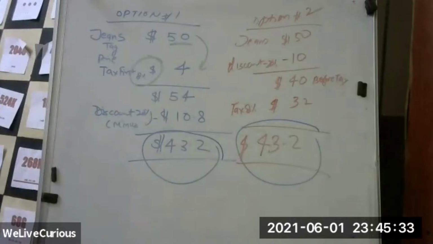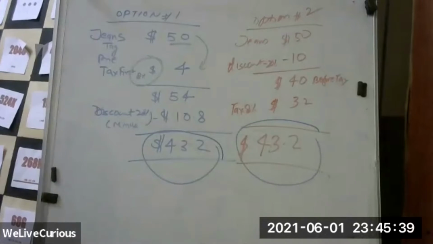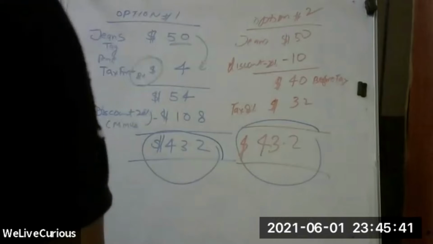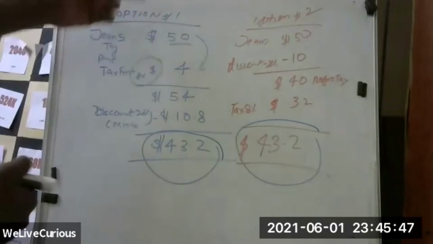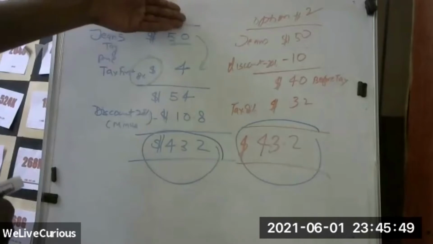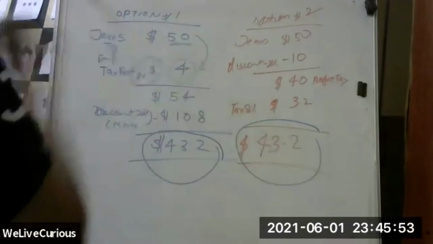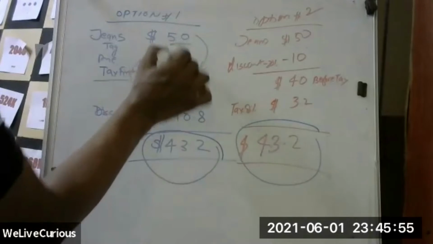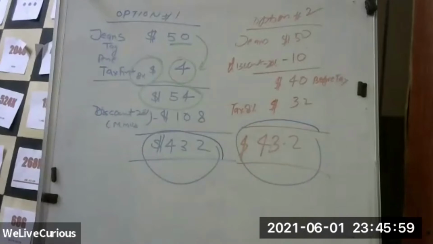That way, they will get more familiar with percentages. Anyway, 8% of 100 is how much? 8. If it is 100, 8% is 8. If 100 becomes 50, then 8 will become 4. So 4 is the answer here. The 8% tax is $4. Now you add them up, the answer is $54.